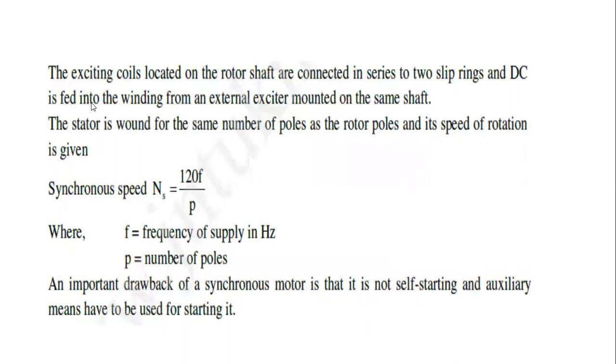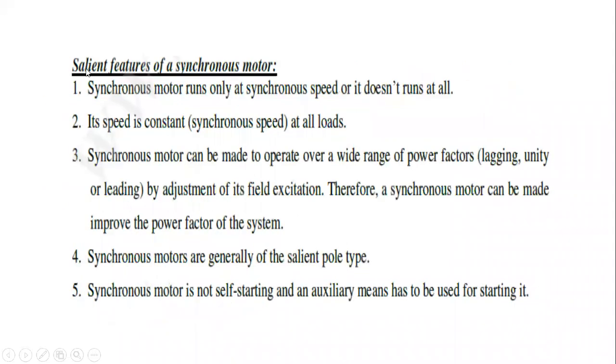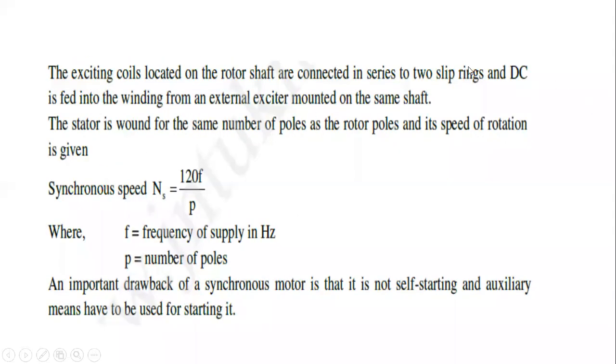The exciting coil is located on the rotor shaft and connected in series to the two slip rings, and DC is fed into the winding from an external exciter.